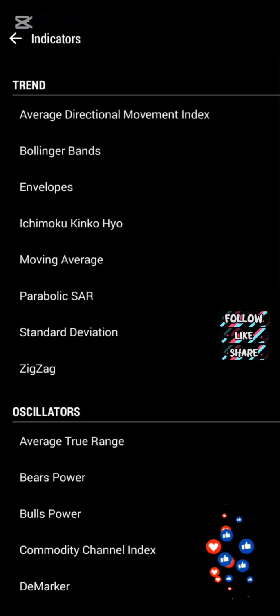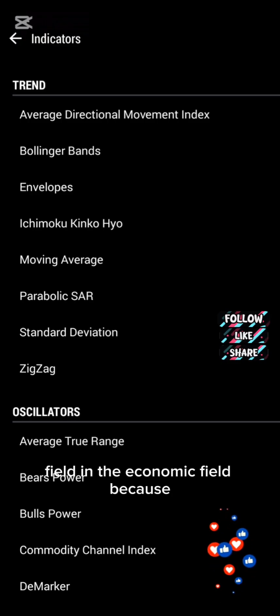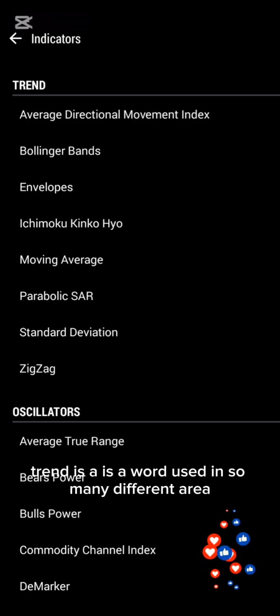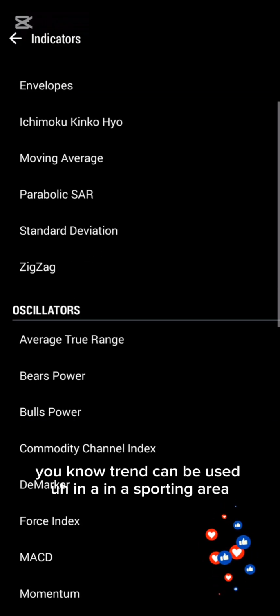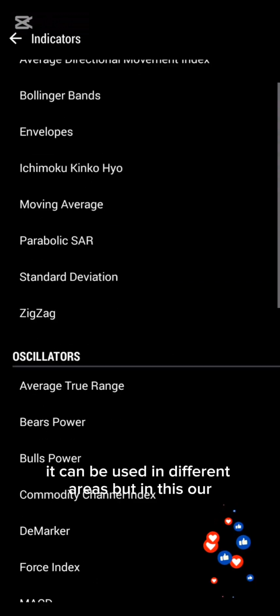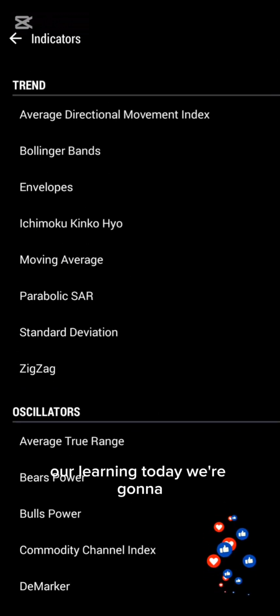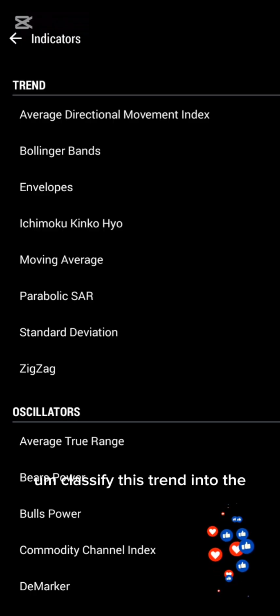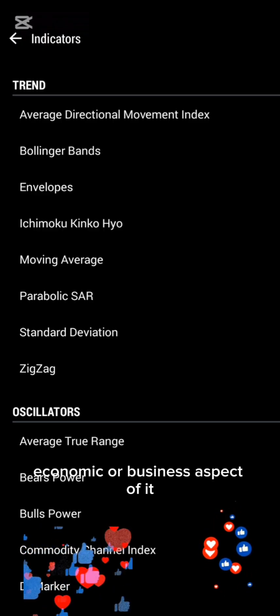Trend is a word used in so many different areas: in the business field, the economic field, and it can be used in the sporting area too. But in our learning today, we're going to classify trend into the economic or business aspect of it.